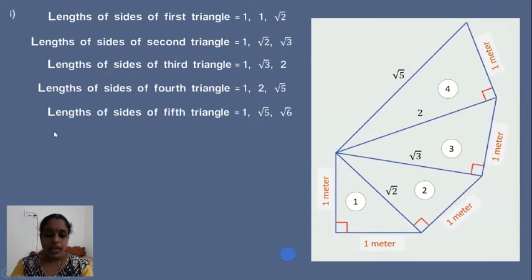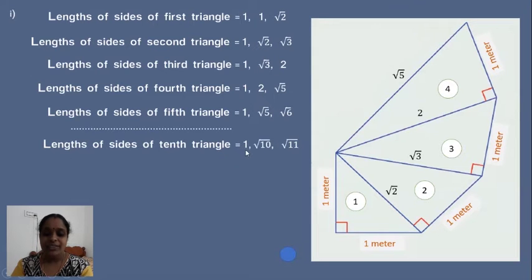So I am directly writing the lengths of sides of 10th triangle. Can you say what is it? Yes, you are correct. It is 1, √10, √11. So we got the answer of the first question, that is, it is 1, √10, √11.